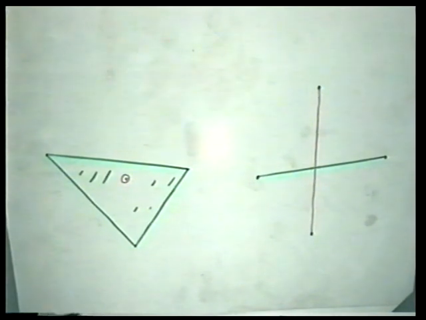Radon's theorem is actually a very simple theorem to prove, because when you have d plus 2 points in R^d, they are affinely dependent. Then you just write the affine dependency, move the points with negative coefficients to the other side, and divide by the sum of the coefficients, and you get a partition into 2 parts, with a convex combination of one part equal to a convex combination of the other part.